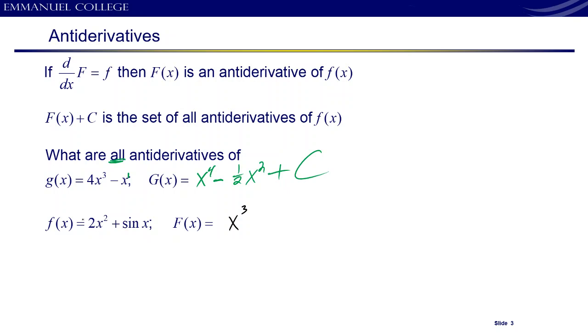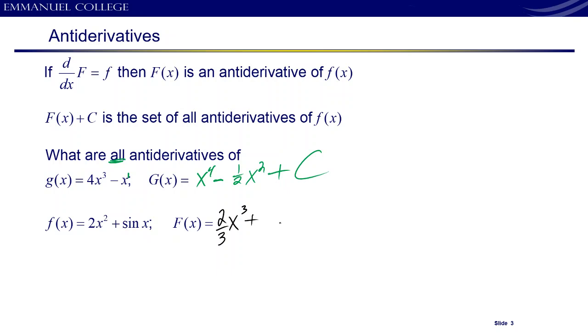And I don't have this 3, I have a 2 left over. So I need a 2 out front. But I also need to cancel out this 3, so I'm going to put a 3 in the denominator, so I'll get 2/3. And then you can check. Bring down the 3. You get 2/3 times 3x squared, which would become 2x squared. All right, so we're good there.